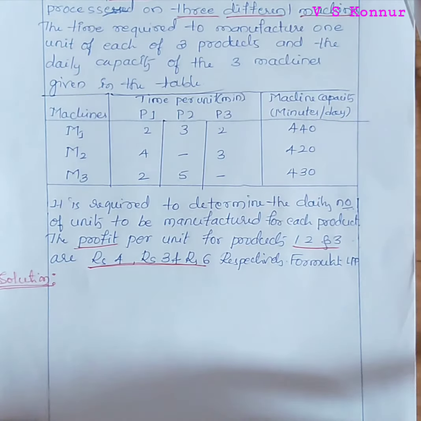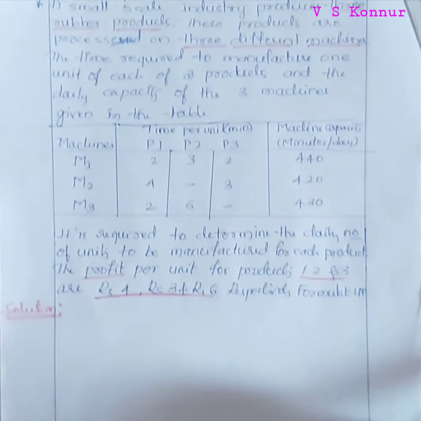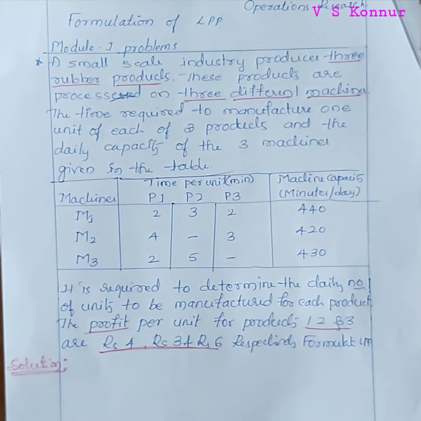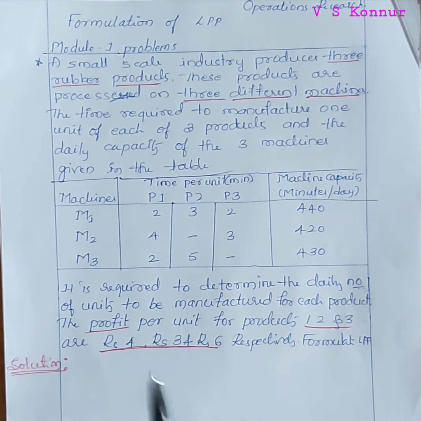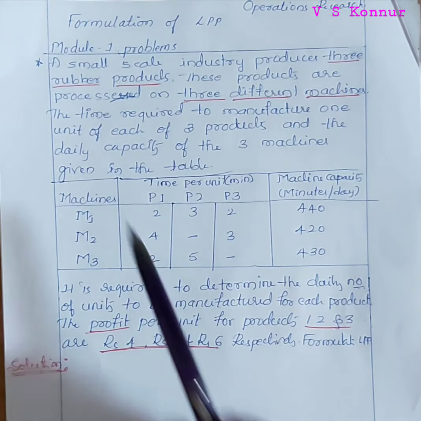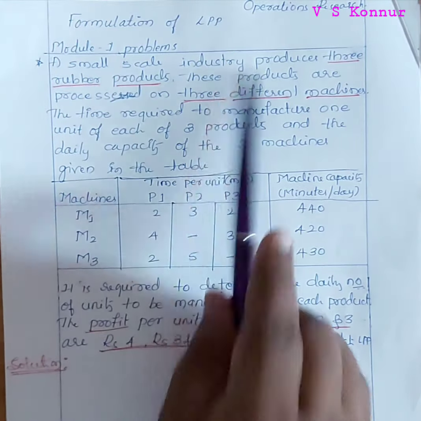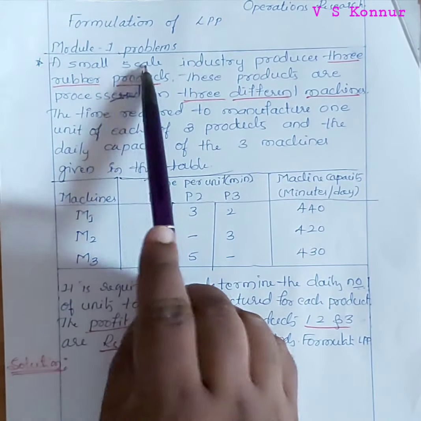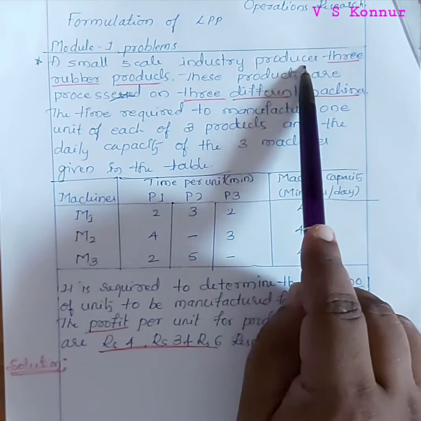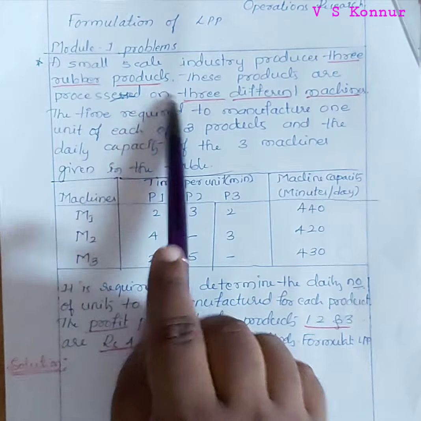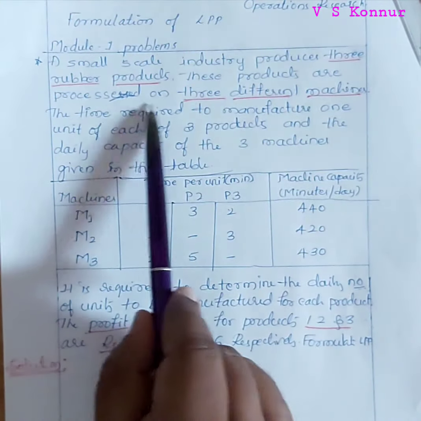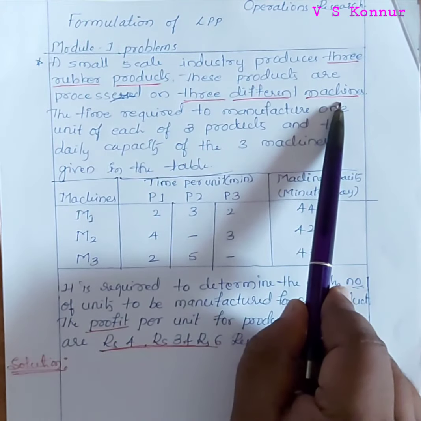The second problem. A small scale industry produces three rubber products. These products are processed on three different machines.